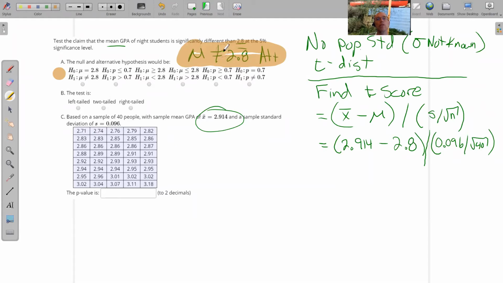Now yours might have said, test the claim that the mean GPA of night students is more than 2.8, okay? So if yours had instead, let's go down here and suppose yours said more than, and maybe it wasn't 2.8, maybe it was like 3.1, then that would translate in English as mu is greater than 3.1.